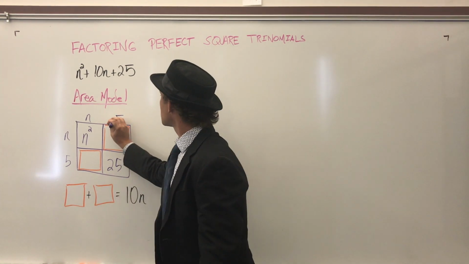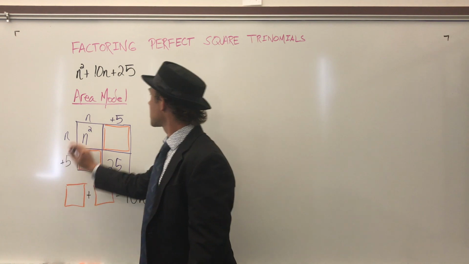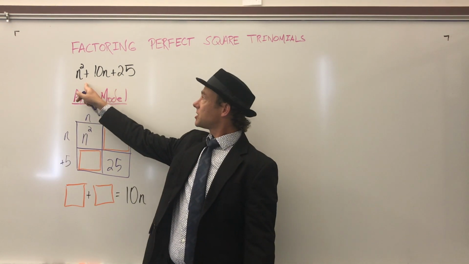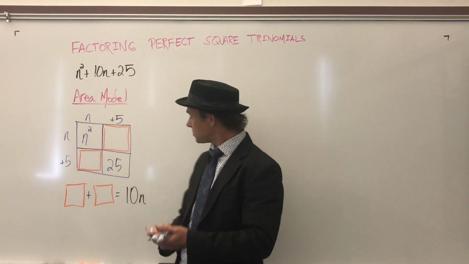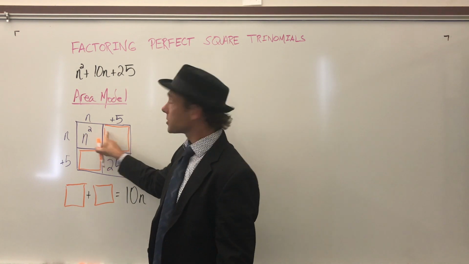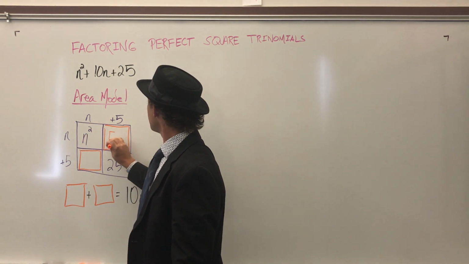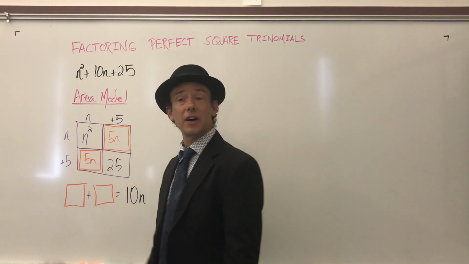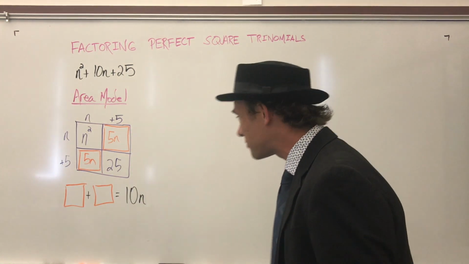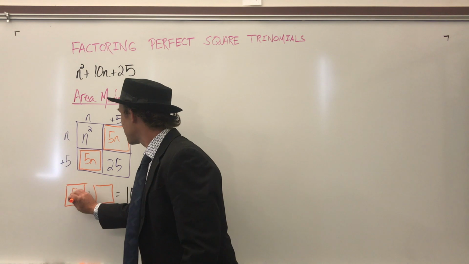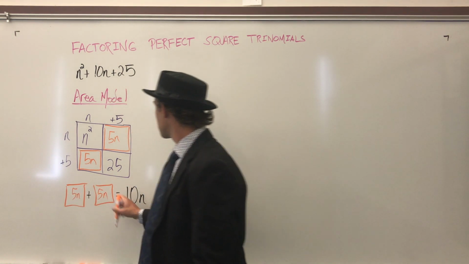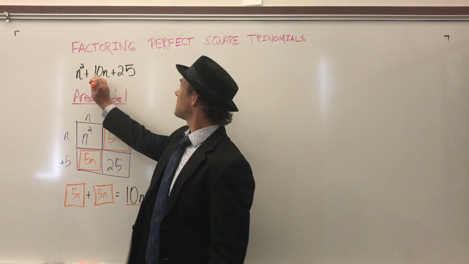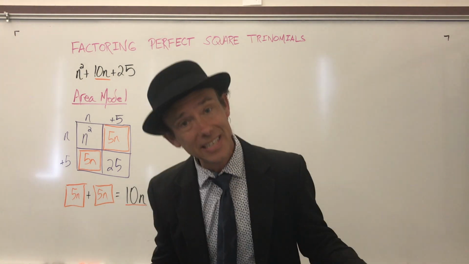If we've practiced our perfect square trinomials, we'll kind of notice the relationship between these 3 terms. So now let's figure out what this one is. N times 5, 5n. 5 times n is 5n. Perfect, beautiful. So you can see if you were to add those 2 terms up, we would get the value we're interested in.